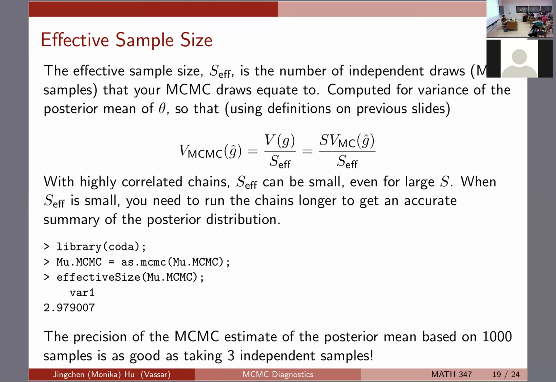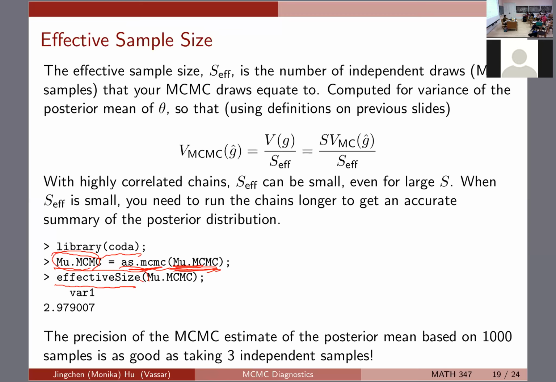Okay, so that's why I say, look at the code over here. We're using the CODA library, and first of all, you turn the particular vector into an MCMC object, and then you use the function called effectiveSize on it, and it will return the effective size.